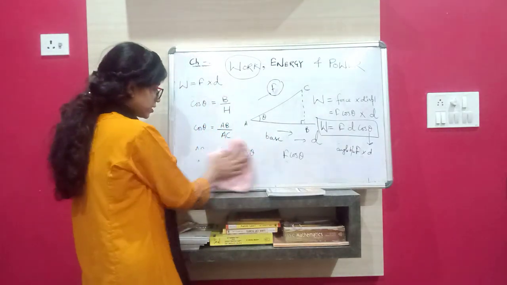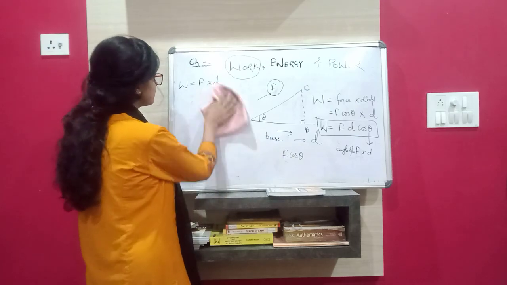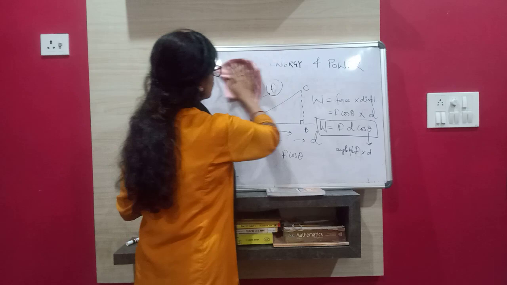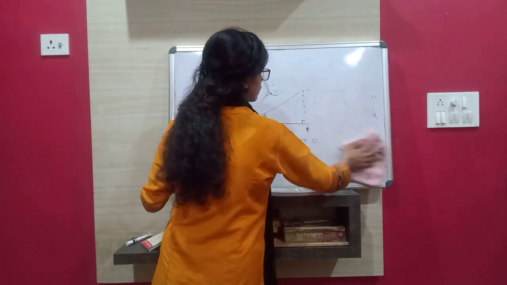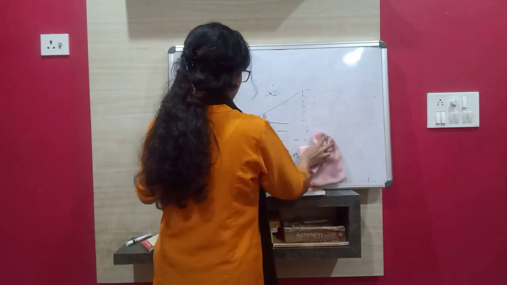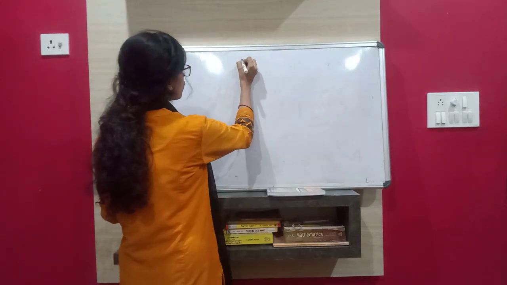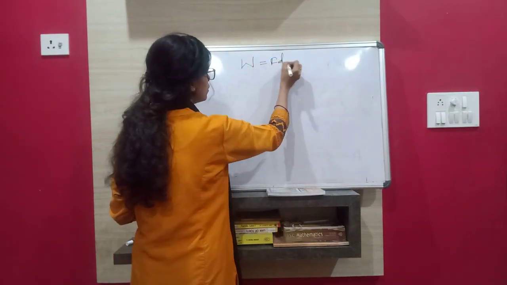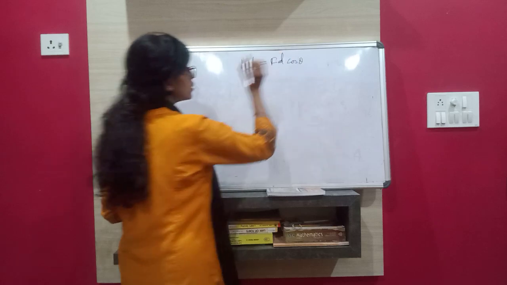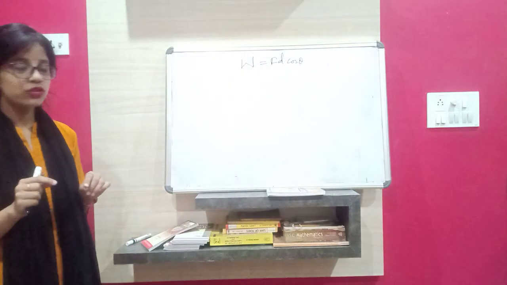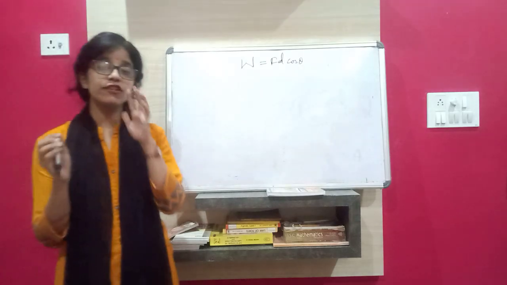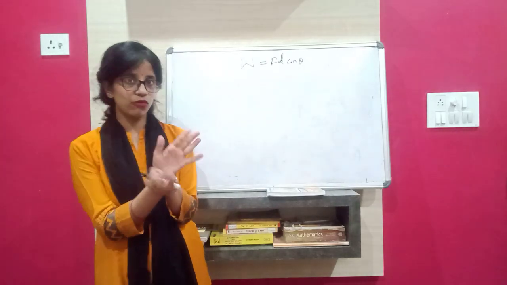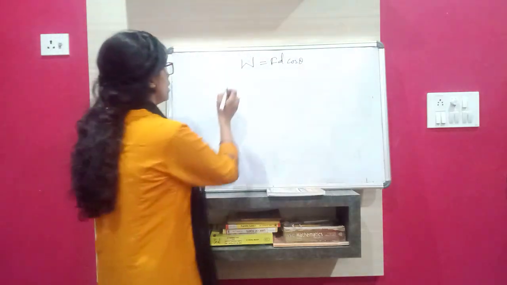So I'm going to write the definition freshly here. We have derived the definition of work done, the mathematical definition, F D cos theta. Again I'm telling you all, F D cos theta, F is the force, D is the displacement, and theta is the angle between the force and the displacement.